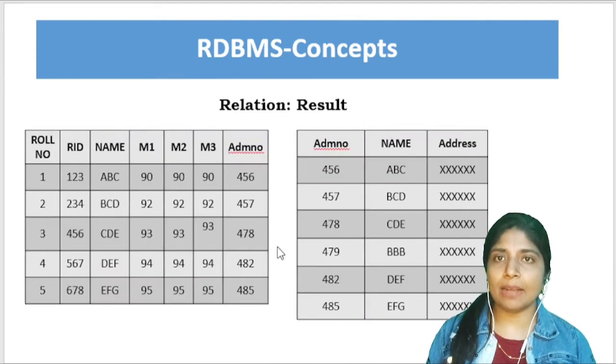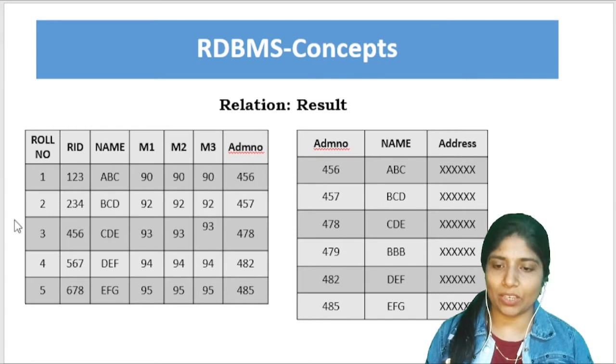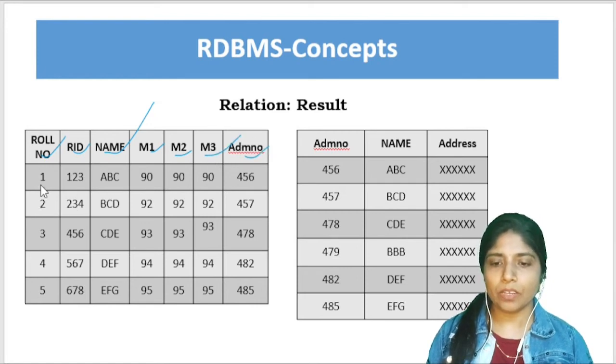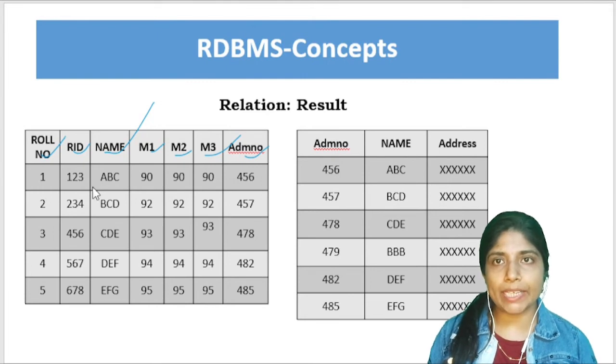Now see this example. Here we will see what is primary key, foreign key, candidate key and all. So here in the first table we have roll number, RID, name, M1, M2, M3 and admin number. Which key can uniquely represent all the records in this table?